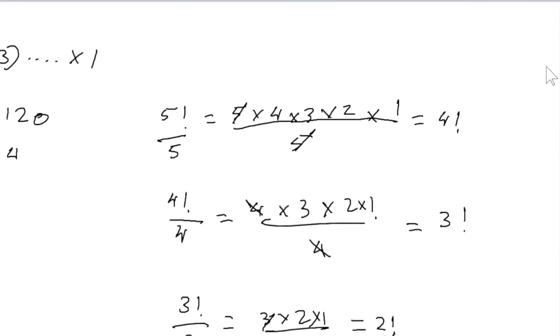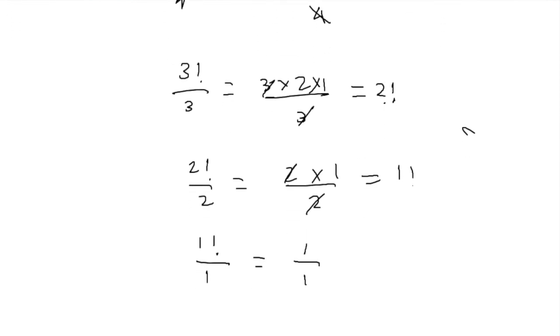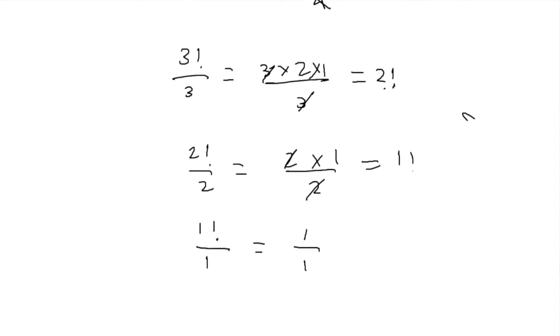So, what we've had is when we divide the number factorial by the number itself, you get the factorial of the number that's 1 less than it. So 5 factorial divided by 5 is 4 factorial. 4 factorial divided by 4 is 3 factorial. 3 factorial divided by 3 is 2 factorial. 2 factorial divided by 2 is 1 factorial. 1 factorial divided by 1 should equal 0 factorial.